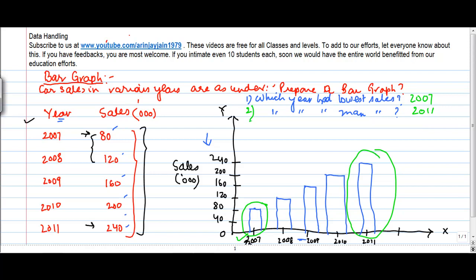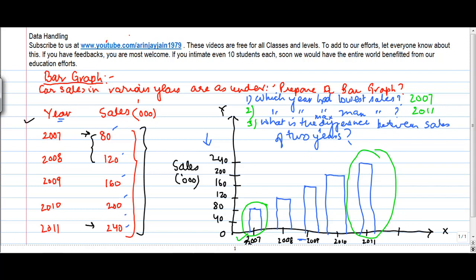Then the third is, what is the maximum difference between sales of 2 years?